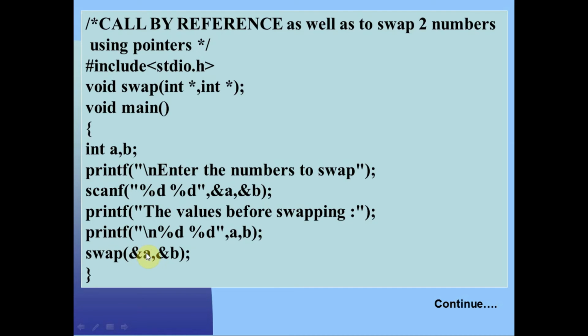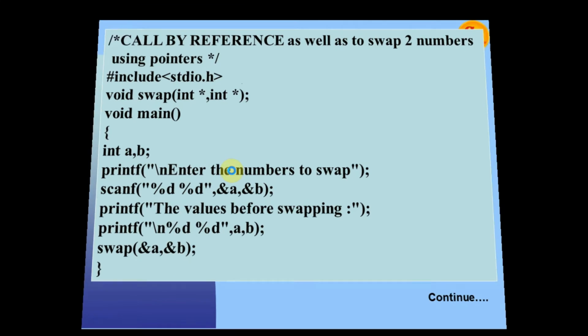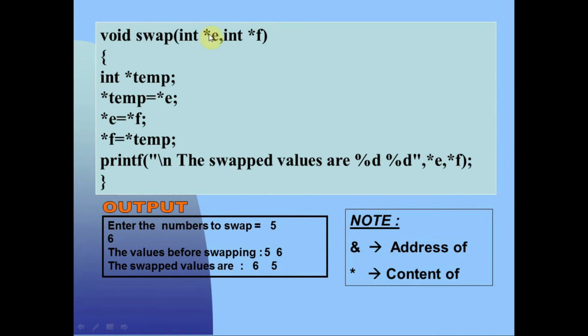Swap of ampersand a, ampersand b: ampersand is the address of the variable. So we are sending the address of variable a and the address of variable b. The pointer is pointing to the address of the data. So what is a pointer? A pointer is a variable that holds the address of another variable.